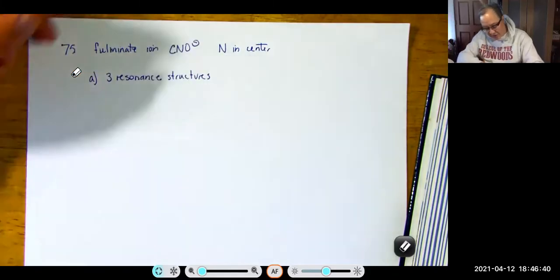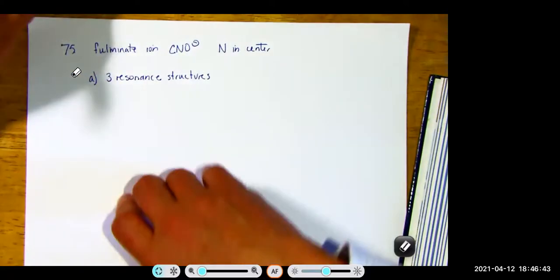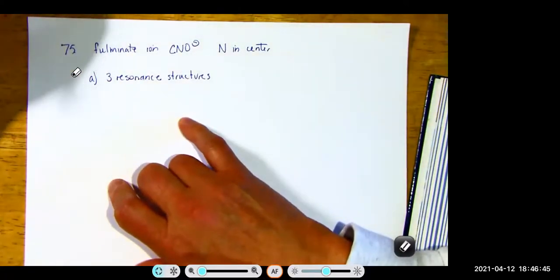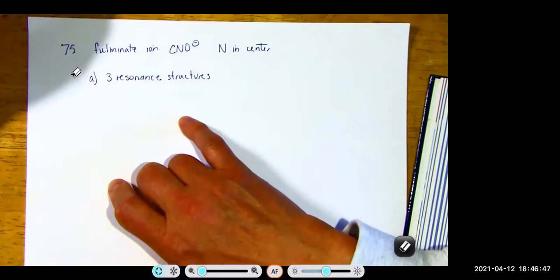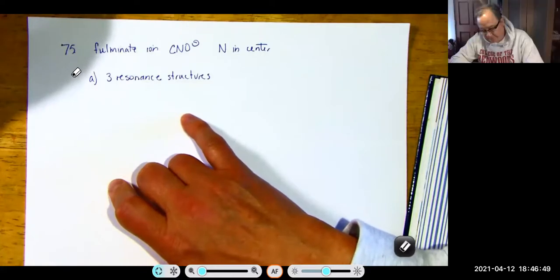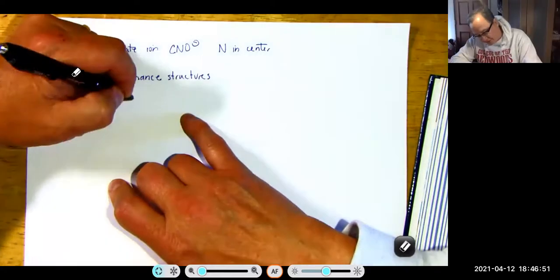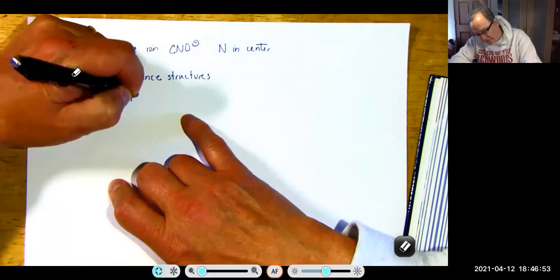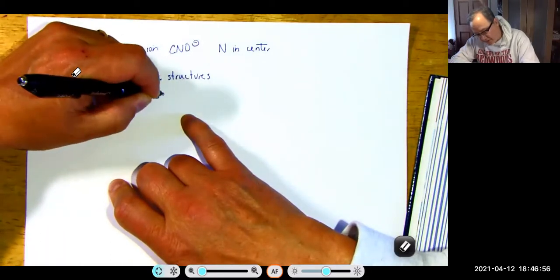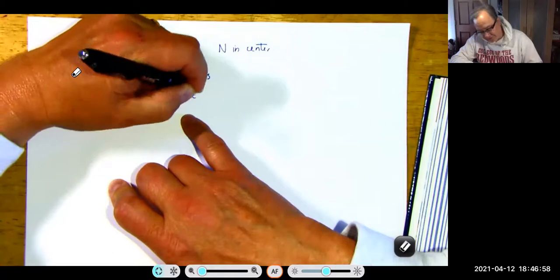So how many electrons do we have? 4 plus 5 plus 6 plus 1 is 16. 16 electrons.